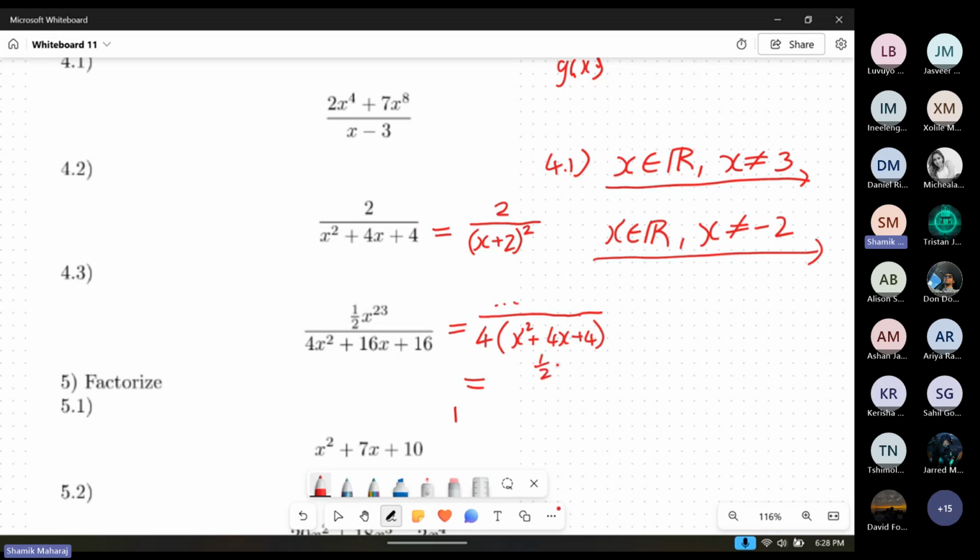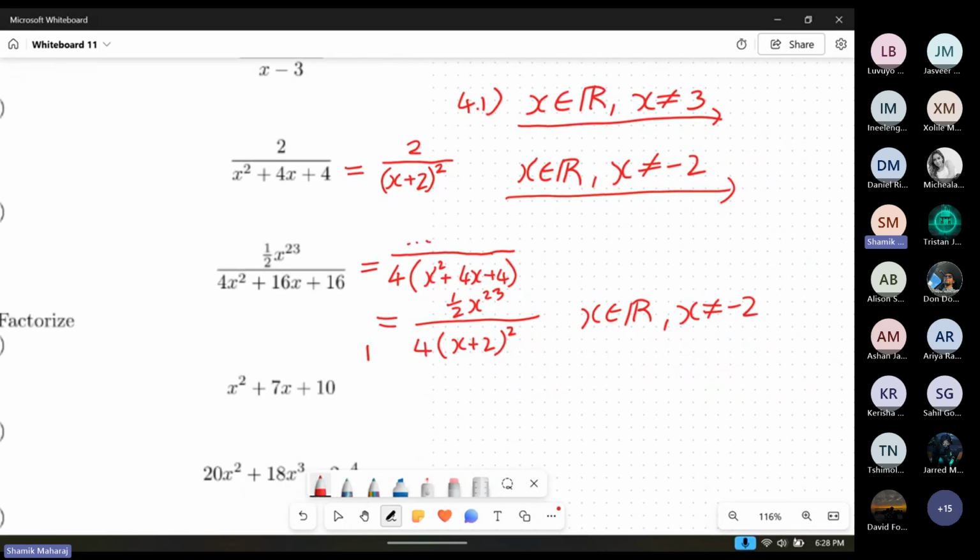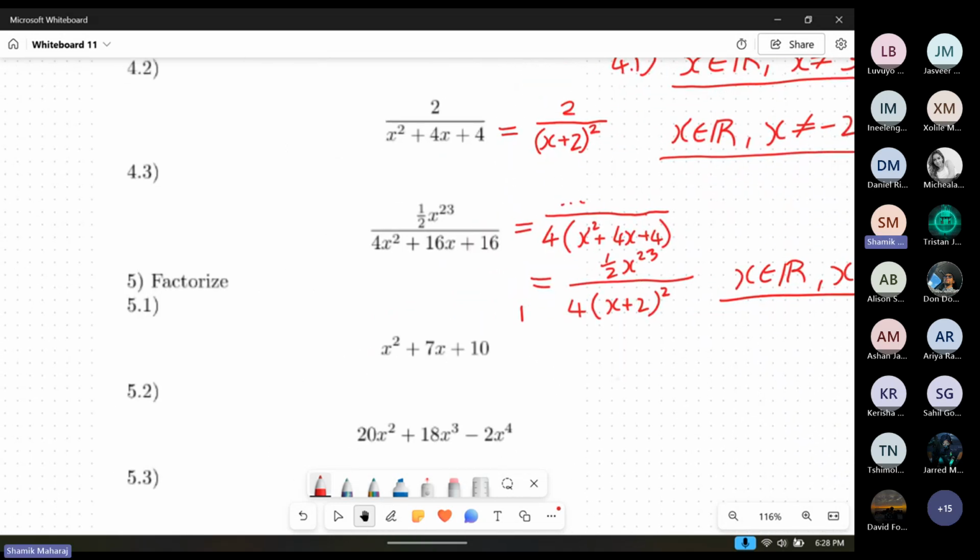The bottom here is going to be 4 times x plus 2 squared. We just did that one. So the domain of this is going to be exactly the same as the domain of the question above, because the only value that makes the bottom 0 is minus 2. That 4 in the front doesn't play a role in making it 0. So that's the domain thing.